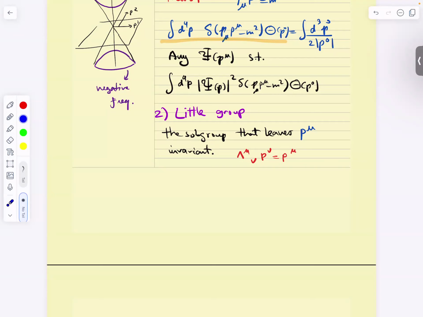How can I explore all these different momenta that satisfy p squared minus m squared equals 0? Remember the p space, you had these two conditions, so these corresponded to the surface, and the positive energy one is this one.